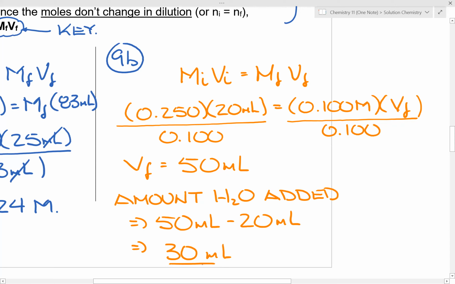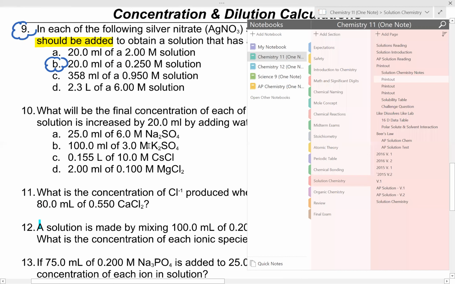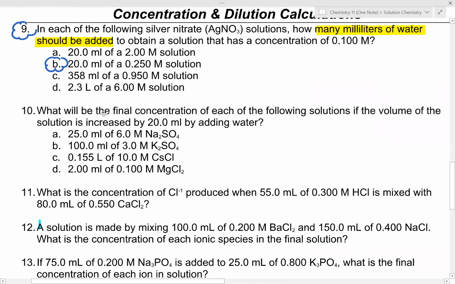Okay. Now, this is where you have to be able to read the question and sort of deduce what they're asking for. Because if you take a look at, let's say, question number 10, it says, what will be the final concentration of each of the following solutions if the volume of the solution is increased by 20 mils by adding water?